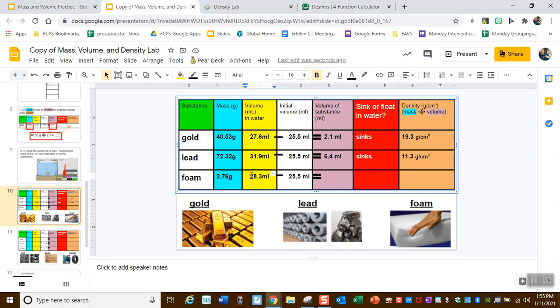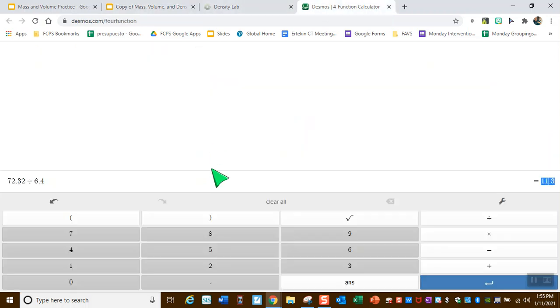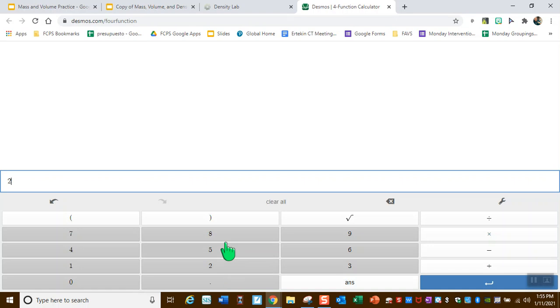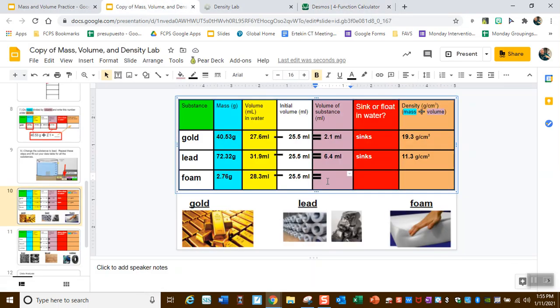So 28.3 minus 25.5 gives me 2.8 milliliters. So 2.8 milliliters is the volume of this piece of foam.